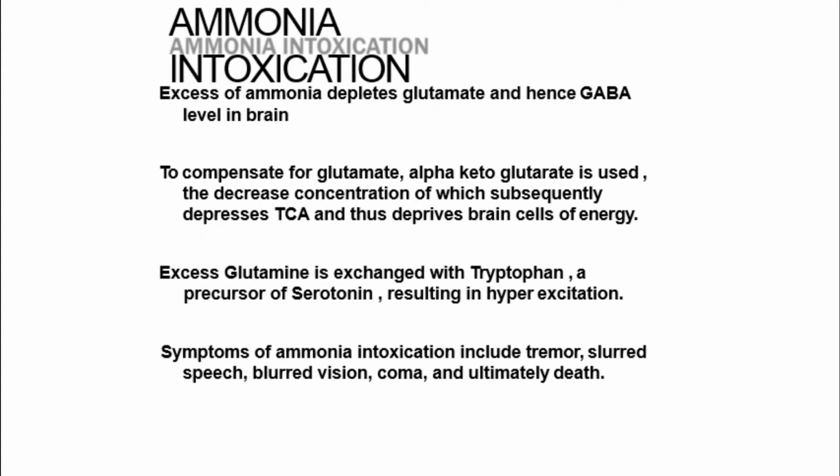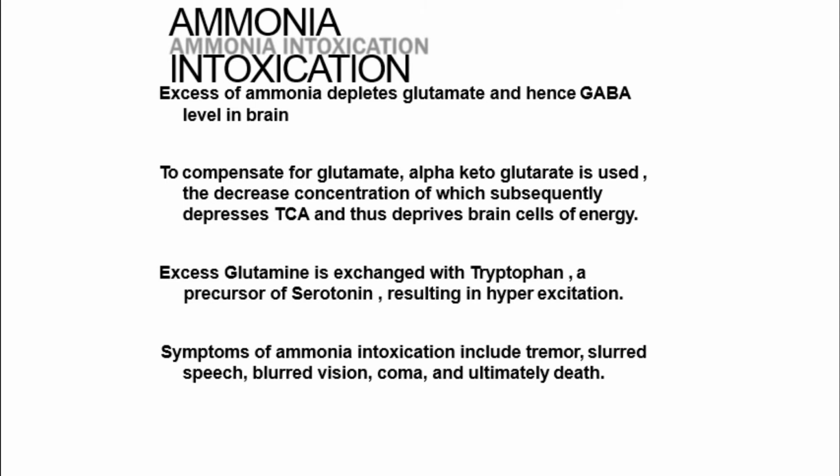If we have ammonia intoxication, in that case the glutamate that we have in our brain may decrease in number. Because why? Because glutamate will try to compensate. As the ammonia level has increased, glutamate will try to protect our brain. So the amount of glutamate in the brain cells will basically decrease. As a result of that, the GABA level also will decrease.